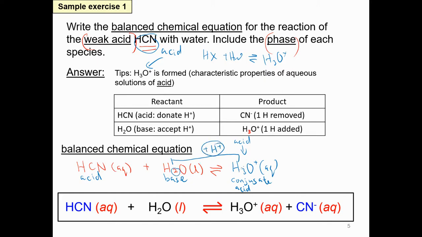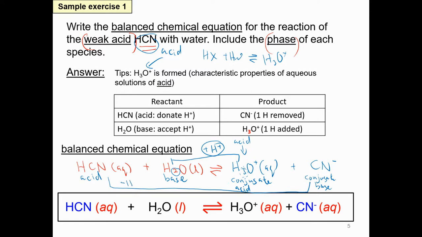2 becomes 3. Now we solve another one. That is, if there's acid, another one must be conjugate base. So HCN will donate 1 proton because it's acid and becomes conjugate base.